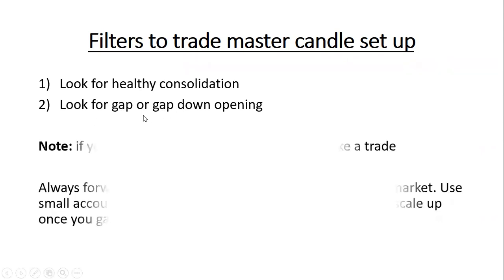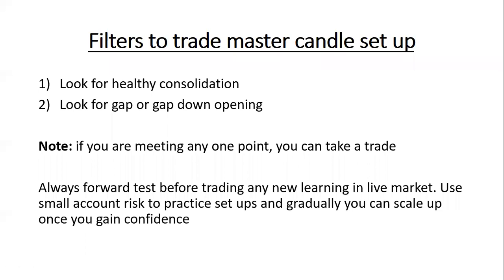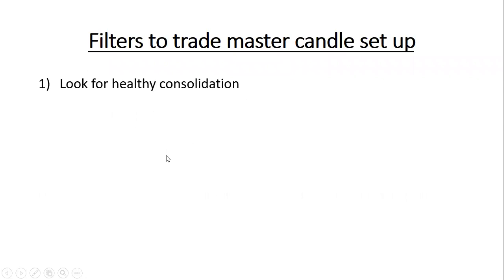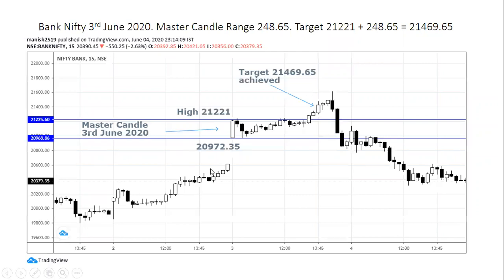Now, even if you are meeting any 1 point out of 2, you can take a trade. So this was one important note. If you are meeting any 1 point out of 2, you can take a trade. Now, in the previous example, you can check we are meeting both the points. We got healthy consolidation. We also got gap up opening.